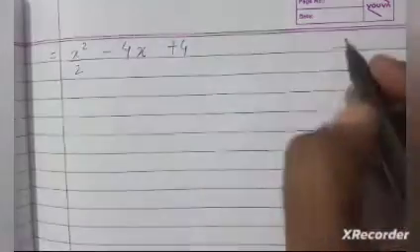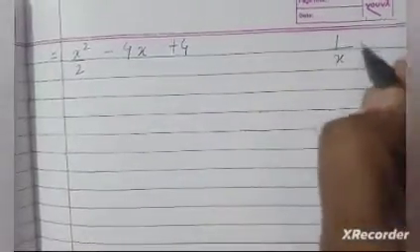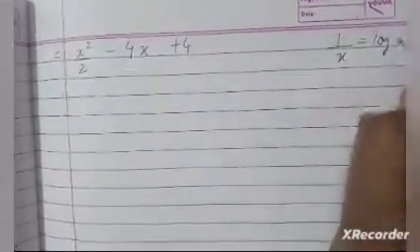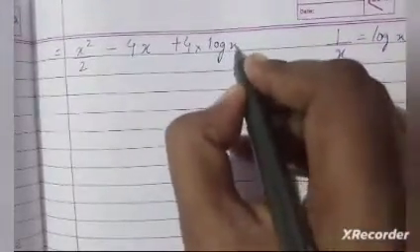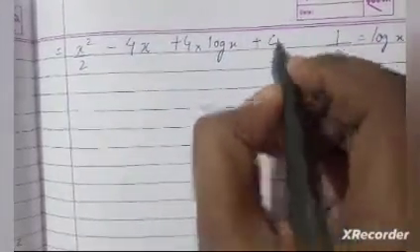Further we can say x square by 2, then minus 4, integration of 1 we have as x, then plus 4, integration of 1 by x is log x. So simply we are going to write log x and plus c.